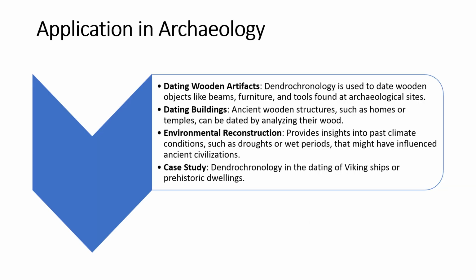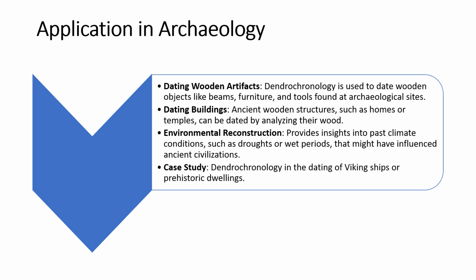In archaeology, dendrochronology is used to date a variety of wooden materials. This includes everything from wooden tools and beams in ancient buildings to wooden artifacts like furniture or ships. It can also be used to date timbers used in structures such as prehistoric dwellings and various other things.